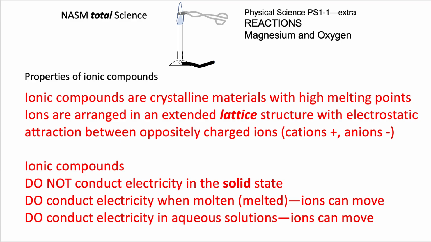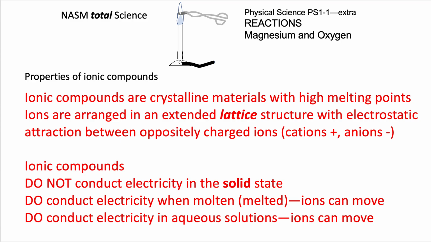And a reminder of the properties of ionic compounds: they're crystalline solids at room temperature. They have high melting points. They're arranged in a lattice structure, framework with adjacent oppositely charged ions making up that framework. And the ionic material doesn't conduct electricity in the solid state.